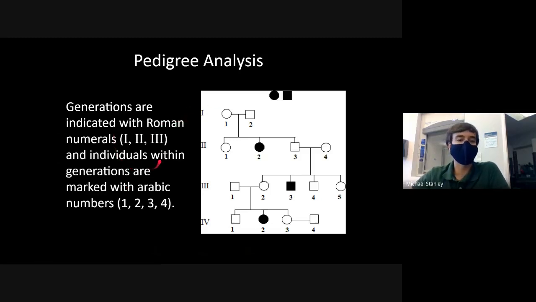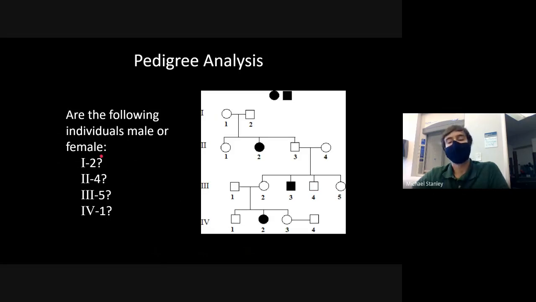Usually the generations are indicated with Roman numerals, and then the individuals within a generation are numbered with our standard numbering system. And then we represent people with a combination of their generation and their number.